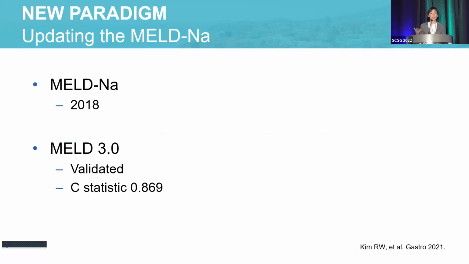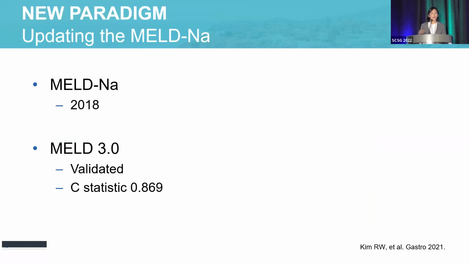The good news is there have been updates to the MELD. In 2021, the MELD 3.0, a study done by Ray Kim and his Stanford group, incorporated some extra variables such as female gender as well as albumin. That has actually increased MELD for women, and it accounts for how their creatinine can be a little bit lower.